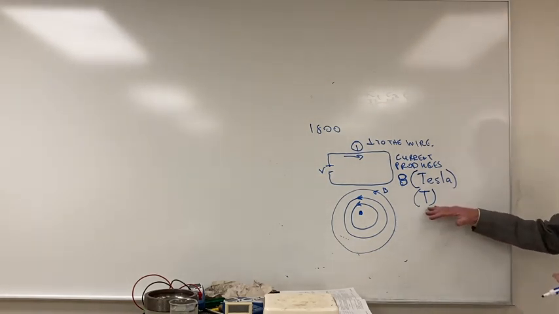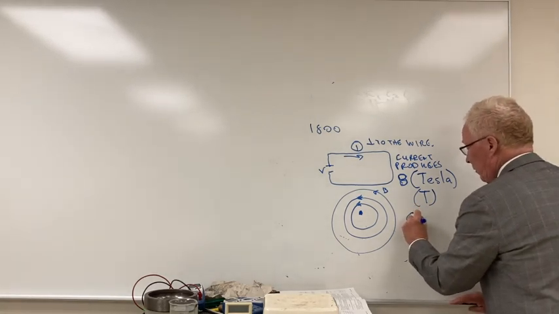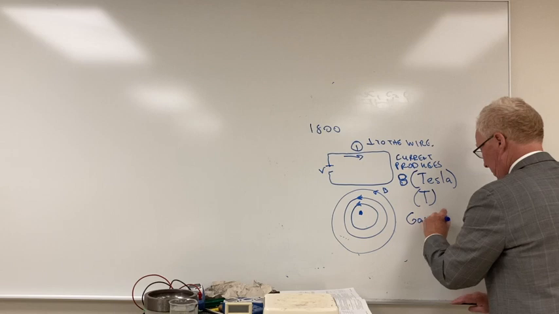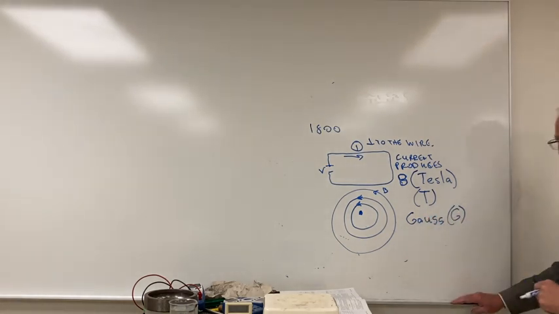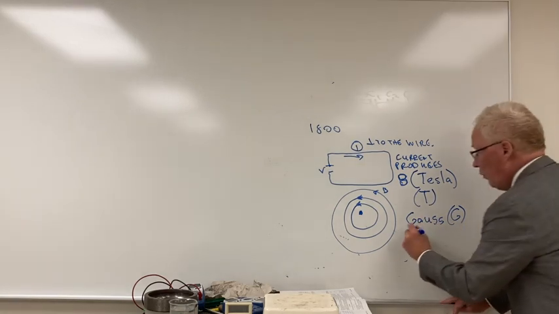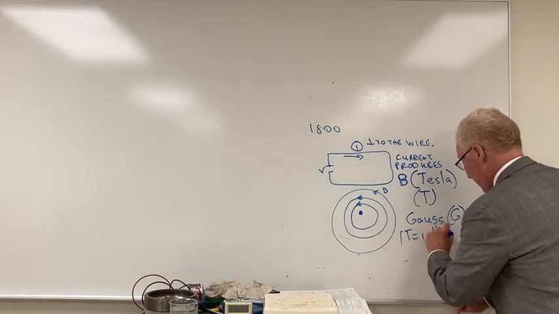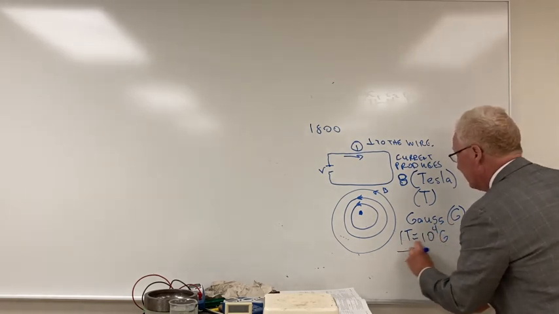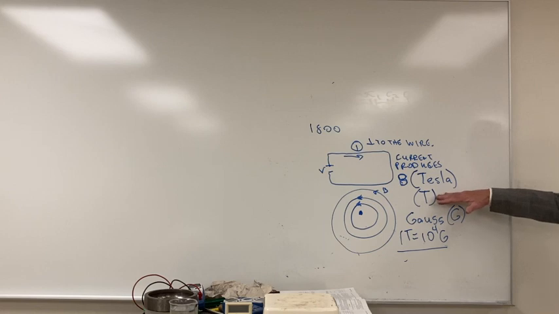Because of that, we have also introduced another unit called the Gauss, G. You may have heard of this. And 1 Tesla is 10 to the 4th Gauss. So the SI unit, or the MKS unit, is the Tesla.